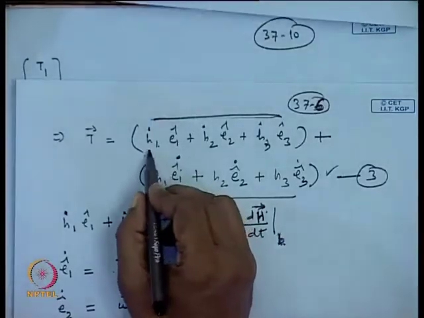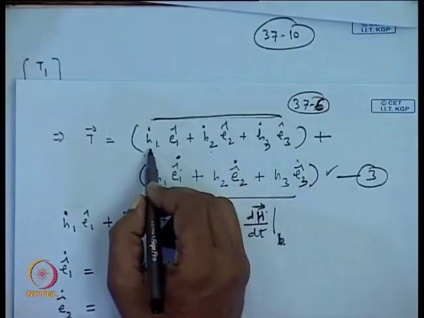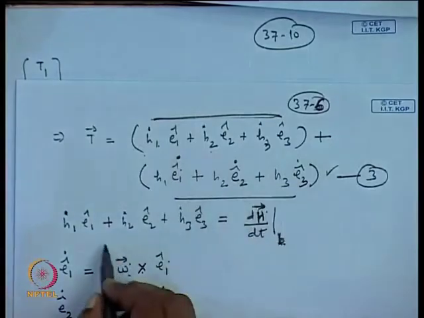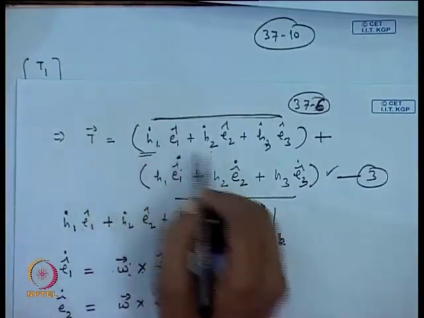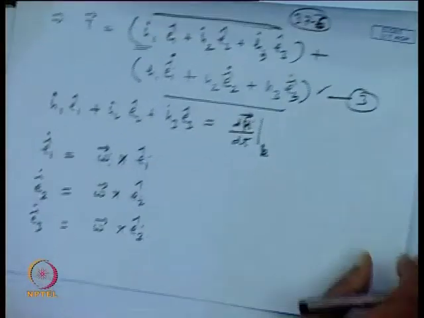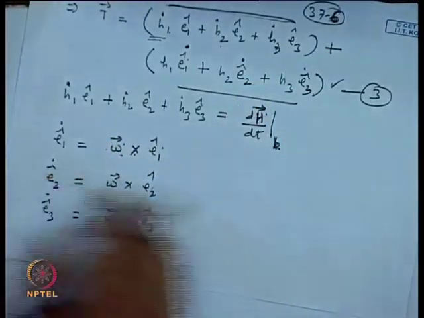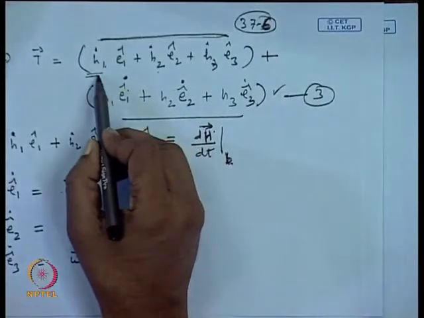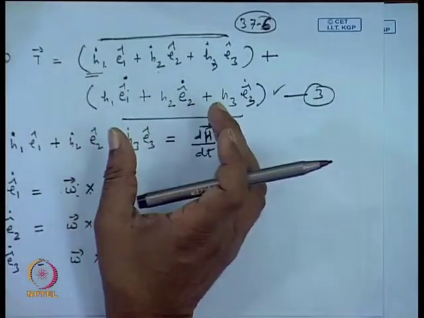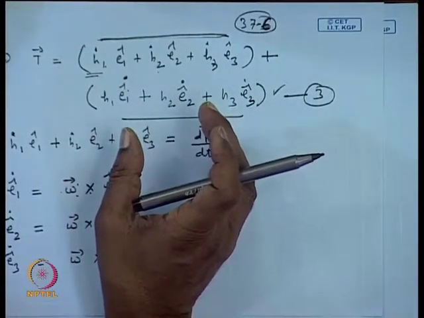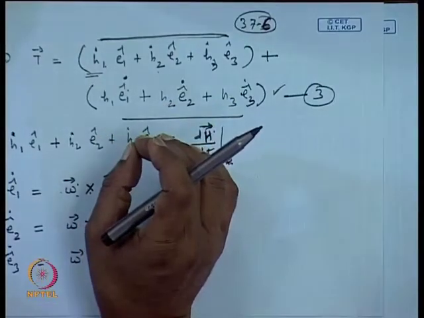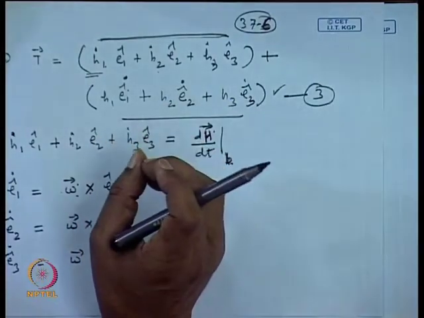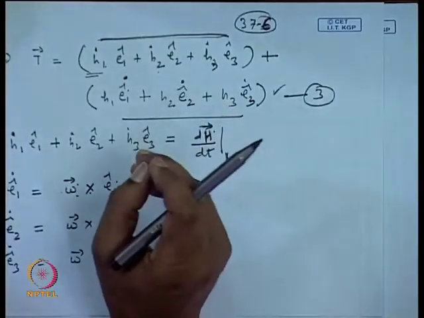Once we wrote the H1, H2, H3 dot, what we assume is that our body axes are fixed in the rigid body itself, and therefore the moment of inertia will not change. If you do not fix the body axes in the rigid body, the moment of inertia will keep changing, and that is what happens with respect to the inertial axes.